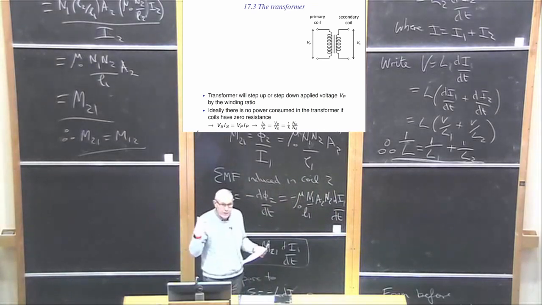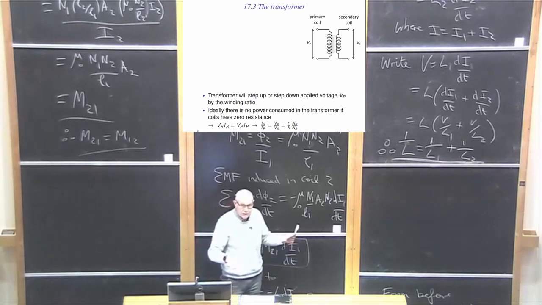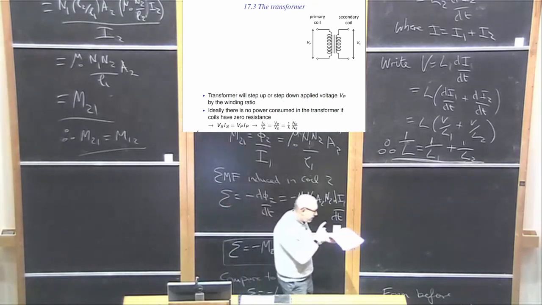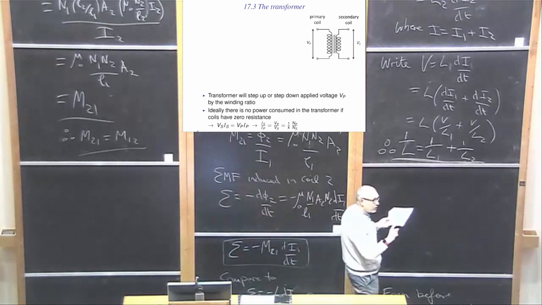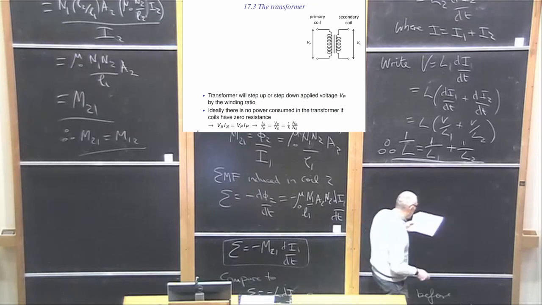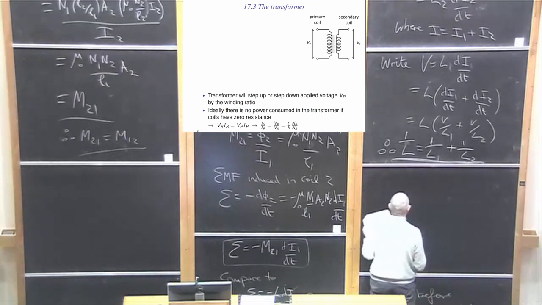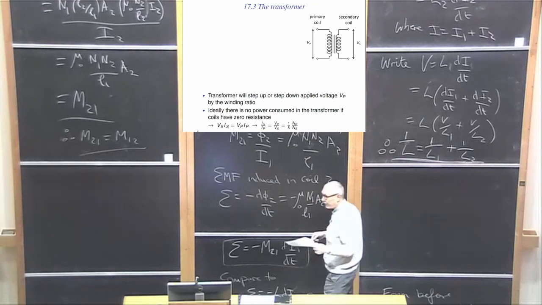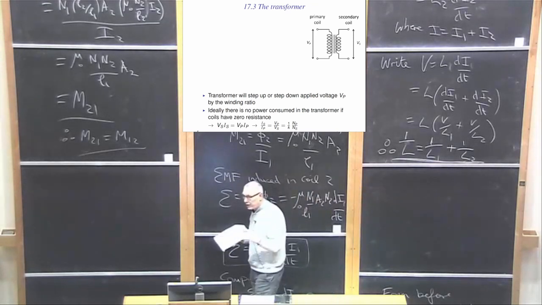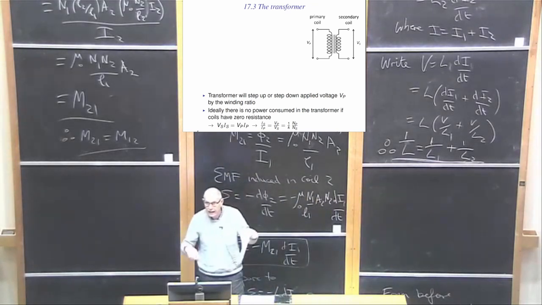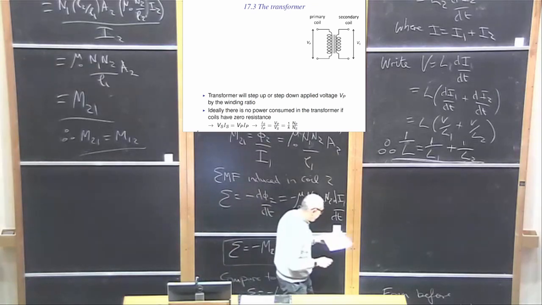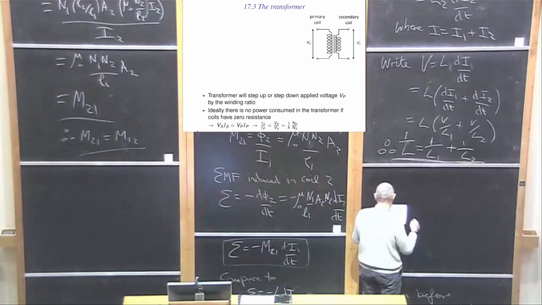If they step up voltage, they step down current. They're just used to transform an alternating voltage in one circuit to another by scaling up or down as the application demands.